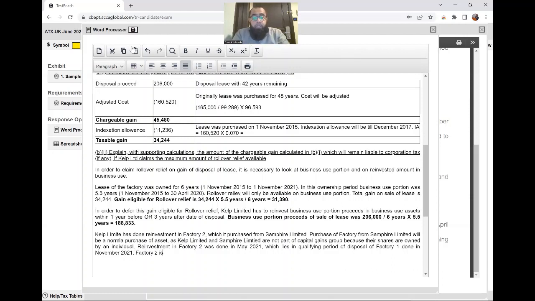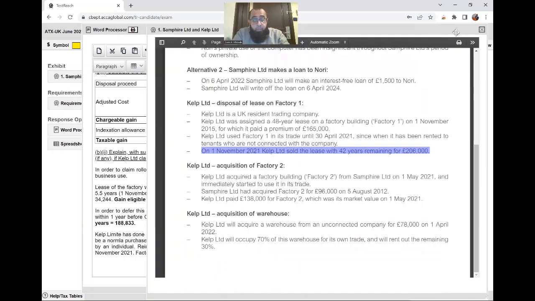Factory 2 is entirely used for business purposes, so its reinvestment can be used to defer gain. Reinvested amount is how much? Reinvested amount is 138,000.